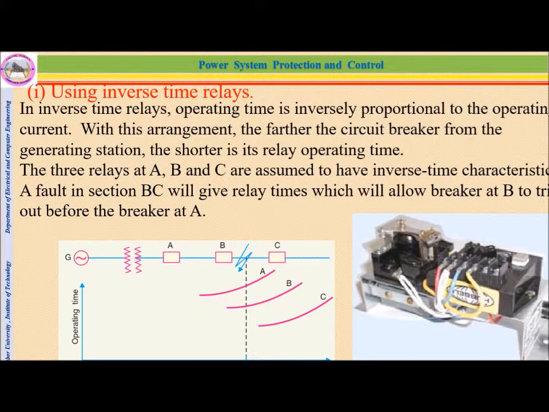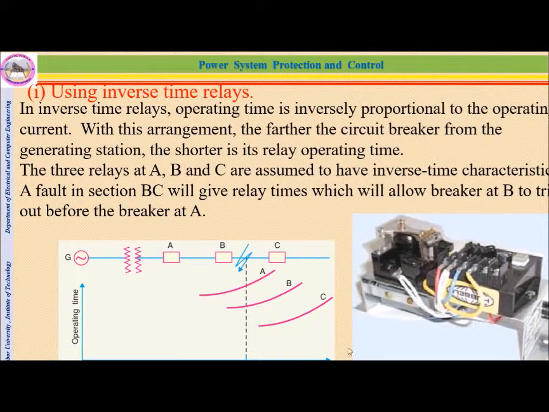So there are three relays, A, B and C, assumed to have inverse time characteristics. So a fault F1 in section BC will give relay times which will allow the breaker at B to trip out before the breaker at A. So look at this one. Look at this.